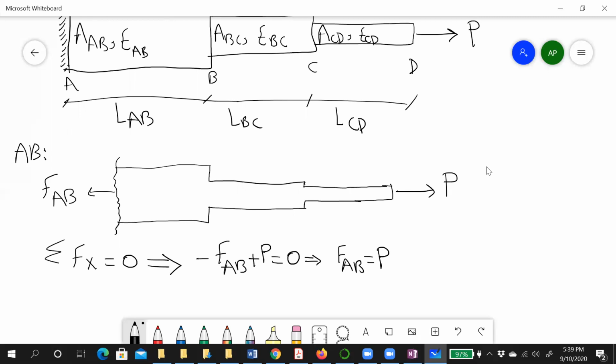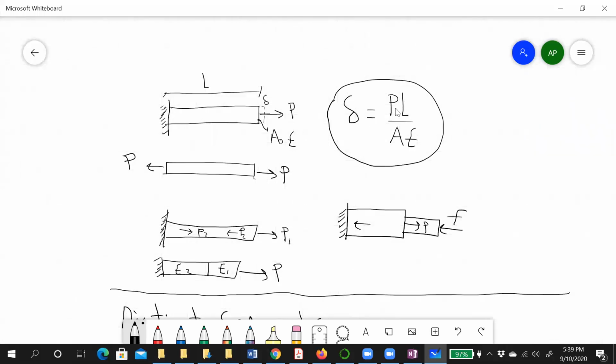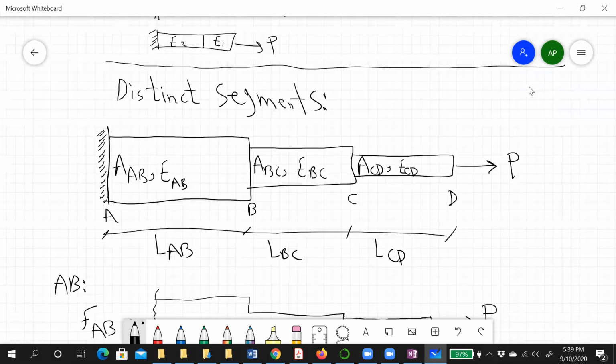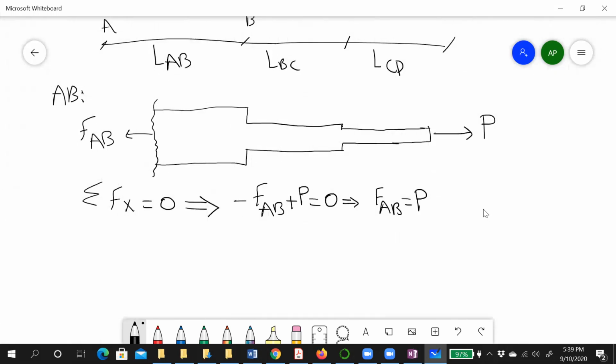Now we discuss this formula. We said you can use this formula for each segment with just one cross section, modulus of elasticity, and L. Now focus only on segment AB. This is segment AB.